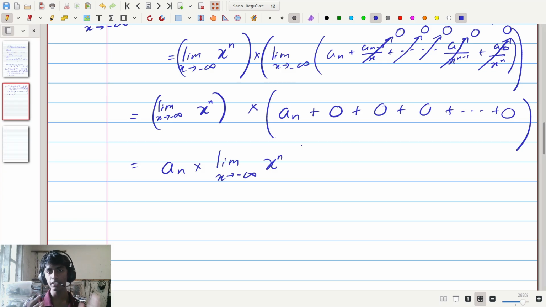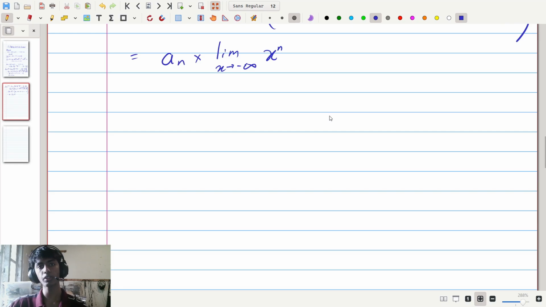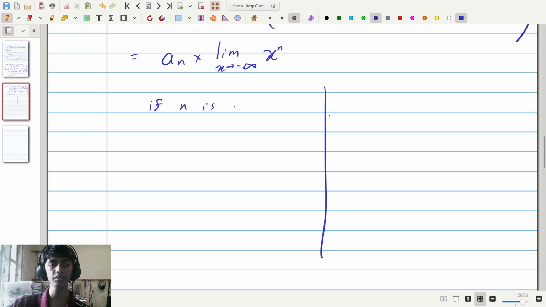Now we are going to break this into two cases. We are going to break this into the case where n is even and the case where n is odd. So if n is even, one thing happens, and if n is odd, another thing happens. So if n is even, then we have a sub n times, multiplied by, and over here, this thing is going to be some very large negative number to the power of an even number.